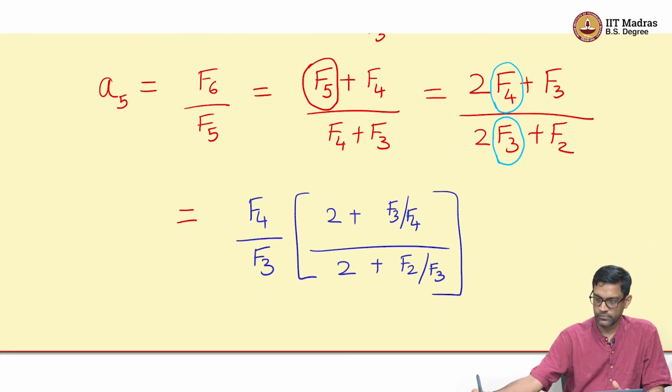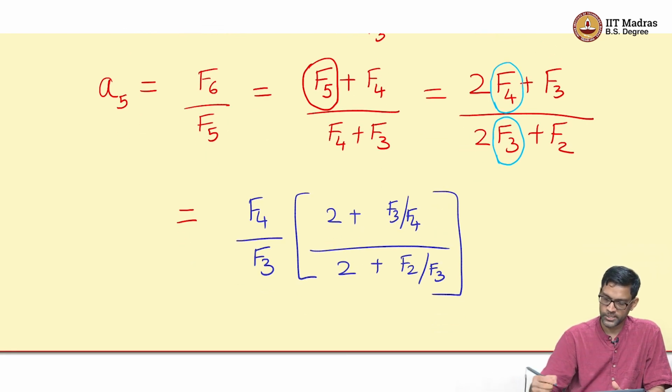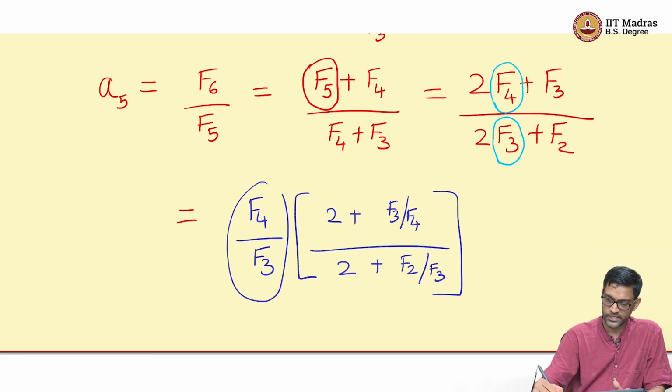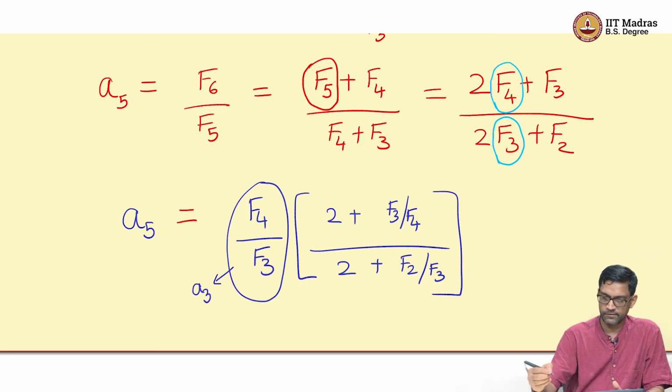Okay, now we are in business, because F4 by F3 is exactly your A3. So on the left hand side I have A5, on the right hand side my first term is A3, and I have an extra term which I have to analyze.